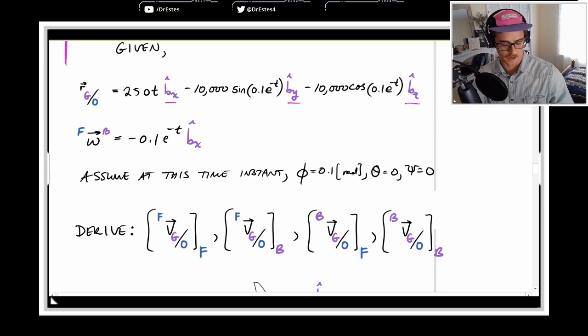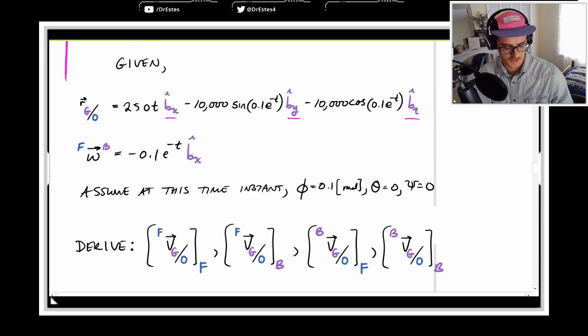Now this vector is a function of time, so there is some velocity. G is moving relative to O. So we're also given the relative angular velocity of the B frame with respect to the F frame. So that's what this notation is. This is the angular velocity of B with respect to F.